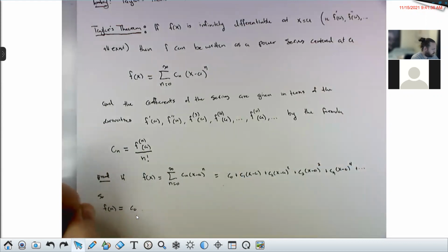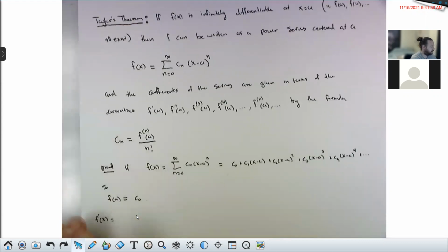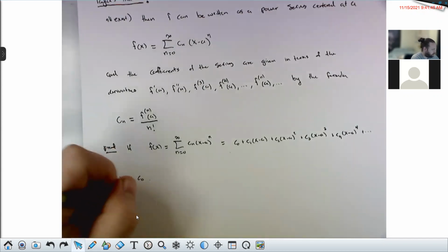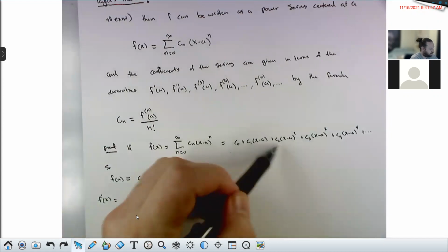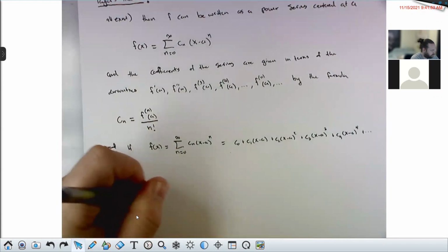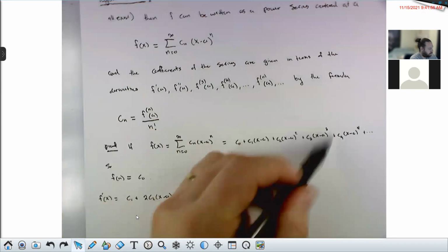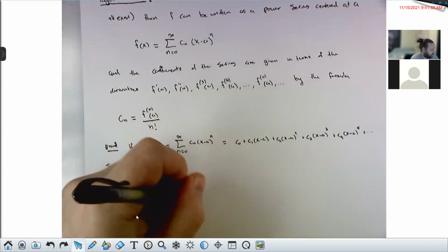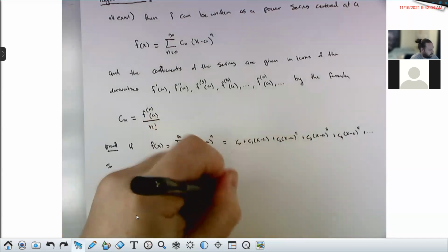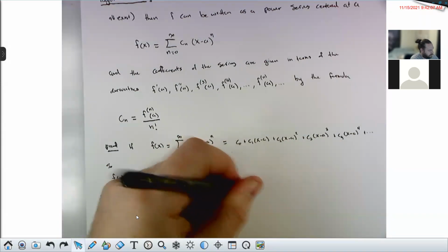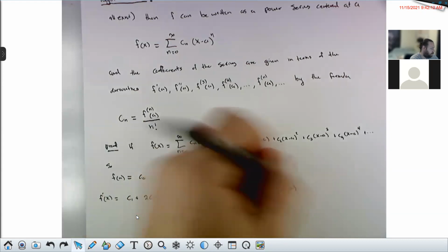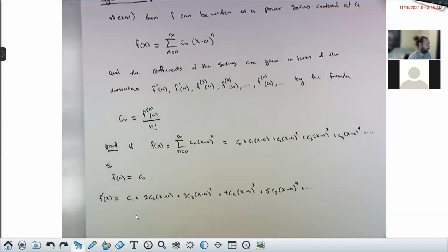Differentiating that series above, the constant term C0 goes away and you get C1 plus 2C2 times x minus a plus 3C3 times x minus a squared plus 4C4 times x minus a cubed. The next term would be 5C5 times x minus a to the 4, and so on.